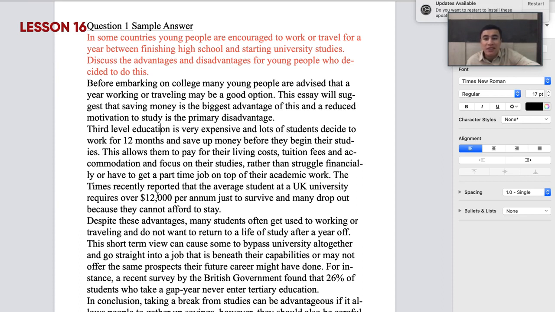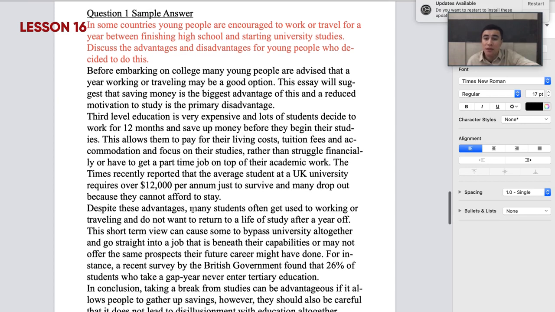And remember, this is a number that you can easily come up with, but try to be more realistic. So on average, a UK university student needs $12,000 in a year just to survive. And as you can see, many drop out because they cannot afford to stay.